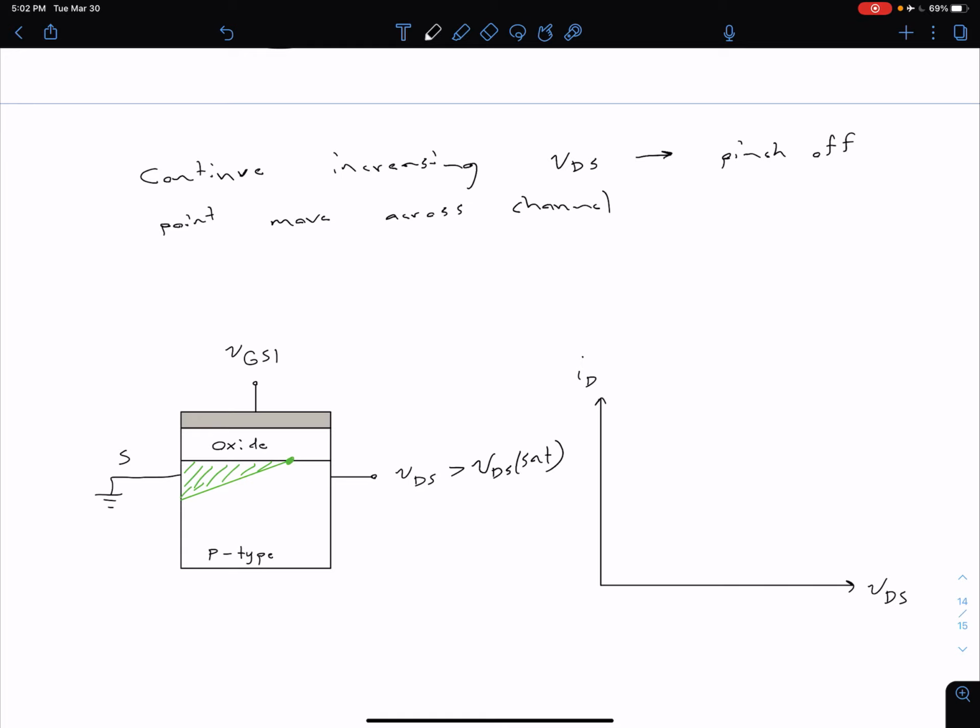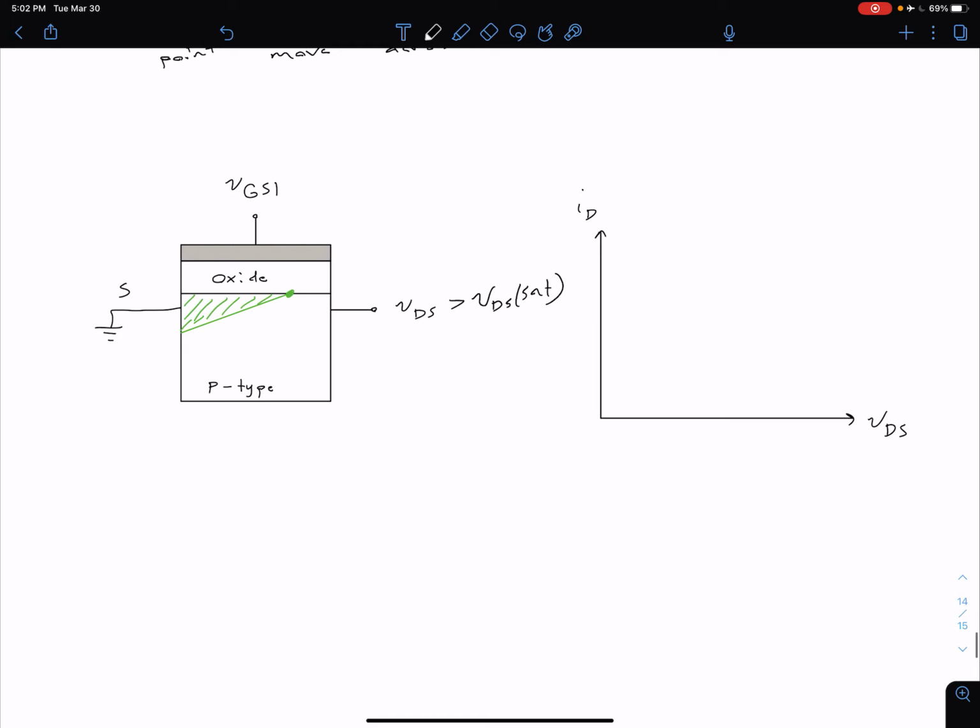And because we have a positive voltage being applied to that N-type region, we're going to have a reverse biased PN junction between our drain and our substrate. And so remember, with our reverse biased PN junction, that's going to create some depletion region. It's going to be larger in reverse bias, and in our depletion region, we're going to have some electric field.